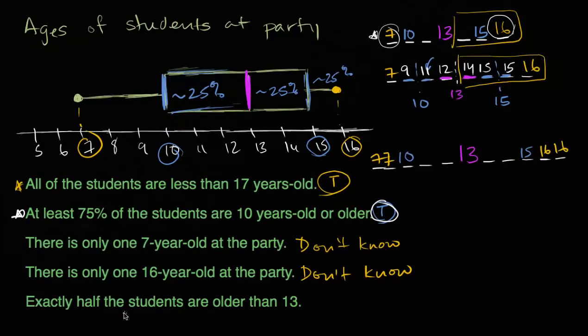We have an even number right over here, and so it is exactly half. So it's possible that it's true. It's possible that it's not true based on the information given. We once again do not know.